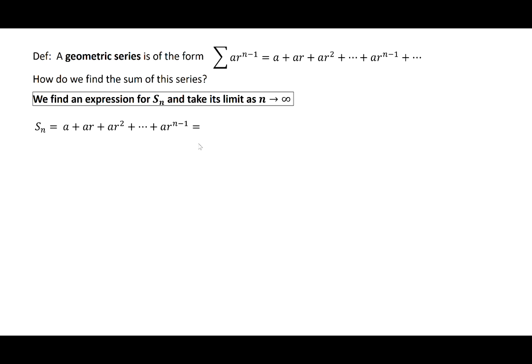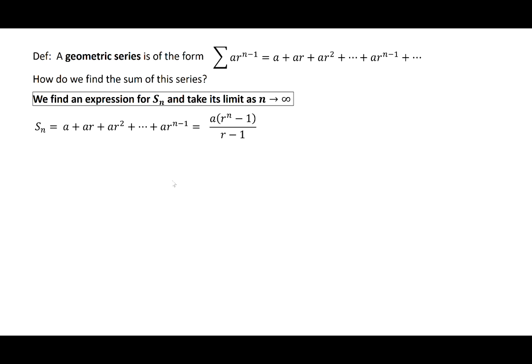Yeah, there is a formula that you learn in pre-calculus or algebra 2 or someplace like that, which is A times r to the n minus 1 over r minus 1.